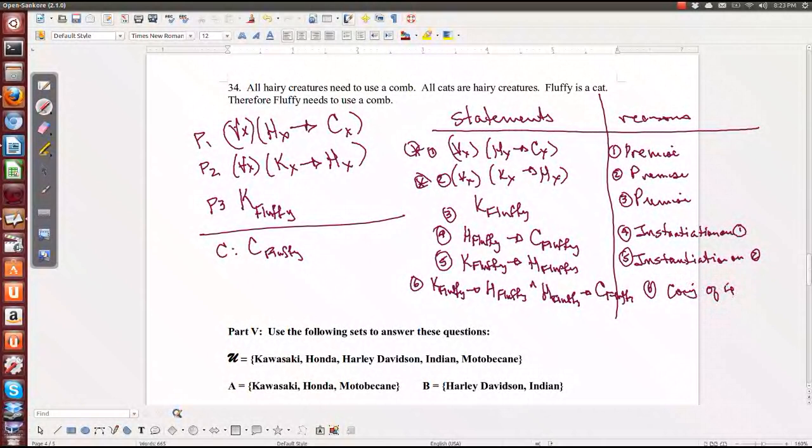of 4 and 5. This uses up step 4 and step 5, and this is a hypothetical syllogism argument because my middle terms match. So I'm going to have k fluffy conditional c fluffy.